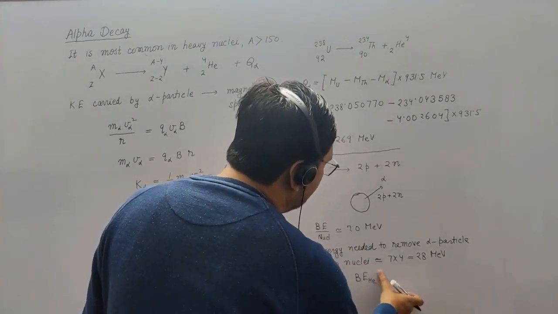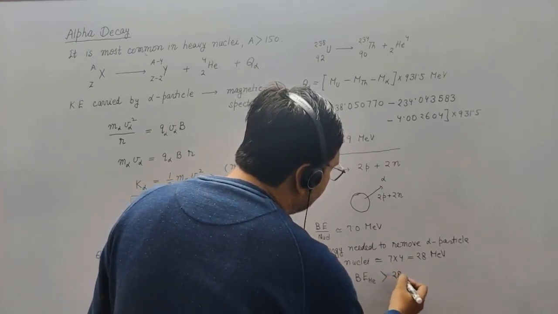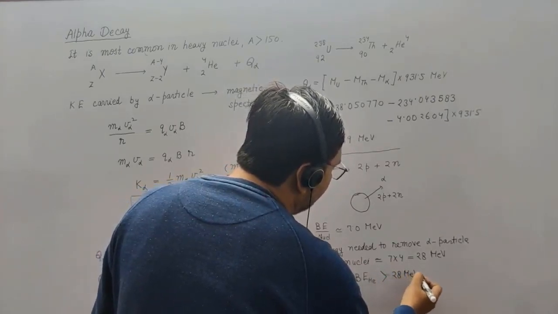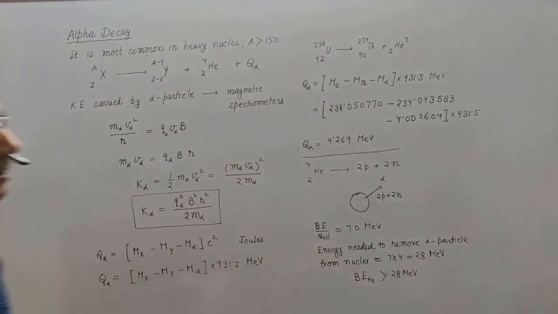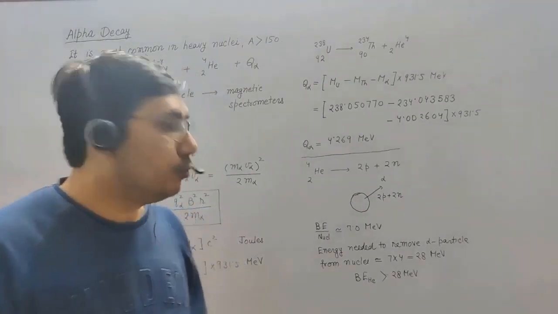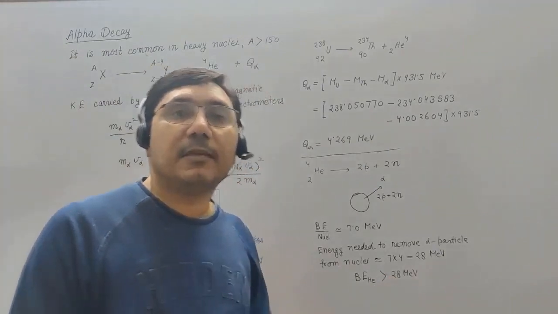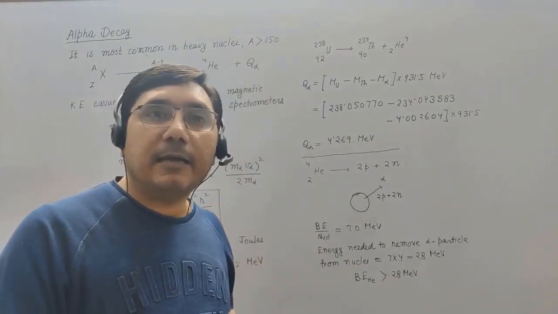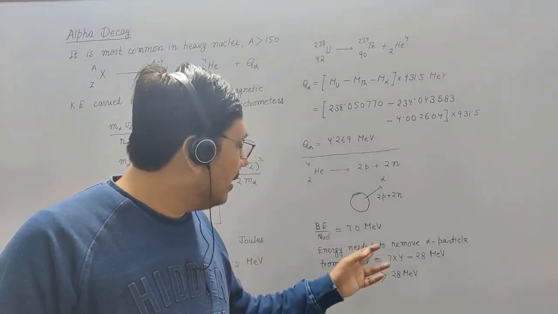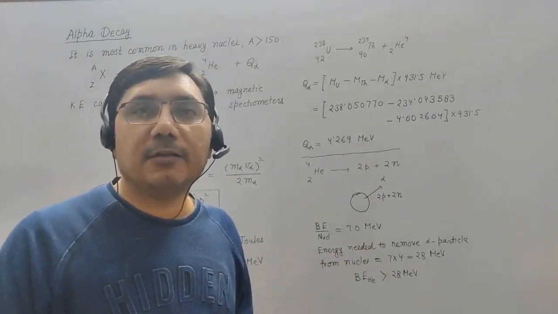That is greater than 28 MeV. So when this alpha nuclei is formed at the time of emission, so much energy is released, which is greater than 28. And the energy required by this alpha particle to move out of this nuclei is roughly 28.